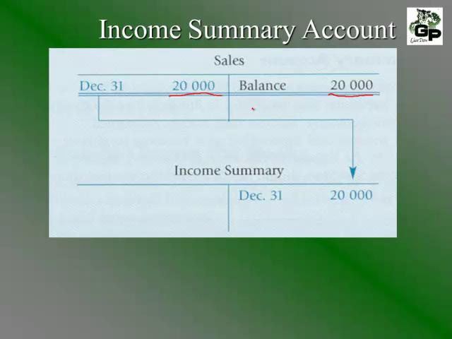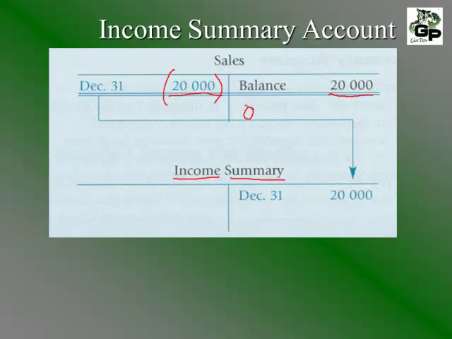So that makes the balance in the sales account zero. But what happens to this $20,000? When we add this $20,000 to the debit side, we need to do the same somewhere else. And in this case, it's in the Income Summary Account.